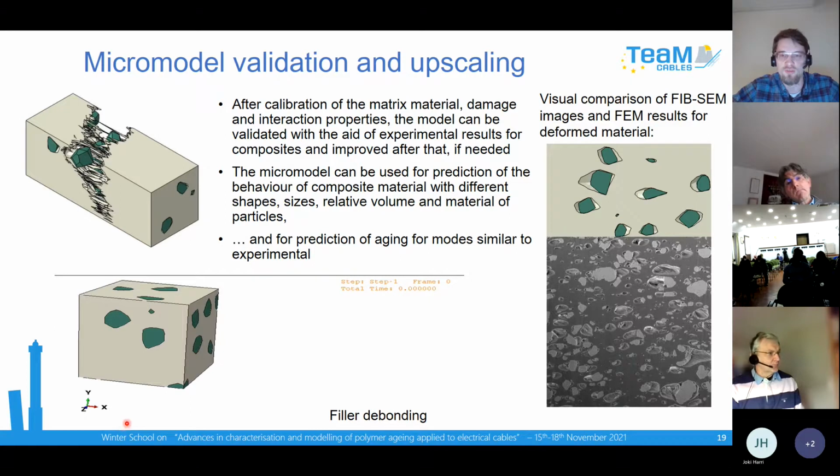We just compare FIB-SEM images with our model and can see that, okay, at least it works in the right way. Another way to check it is, of course, to measure the elongation at break and compare how elongation at break changes with aging and how the simulation can reproduce this. Yep, next slide, please.